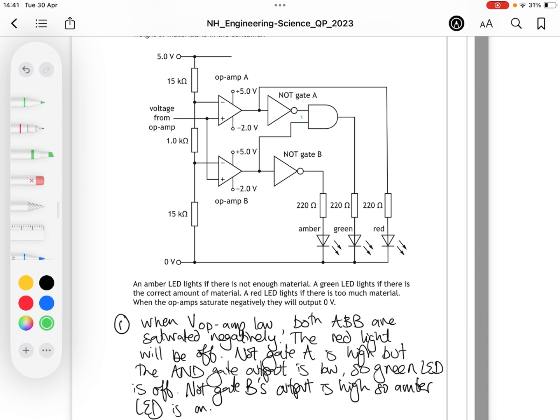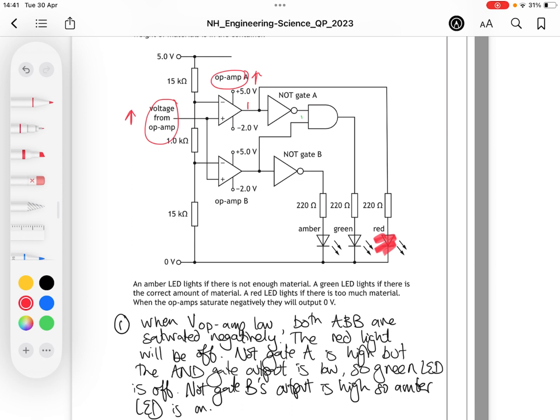And then for our red light to be on, we are going to need to have a high value at this point. So that means that the voltage from the op-amp is going to need to be significantly high enough for op-amp A to saturate positively.